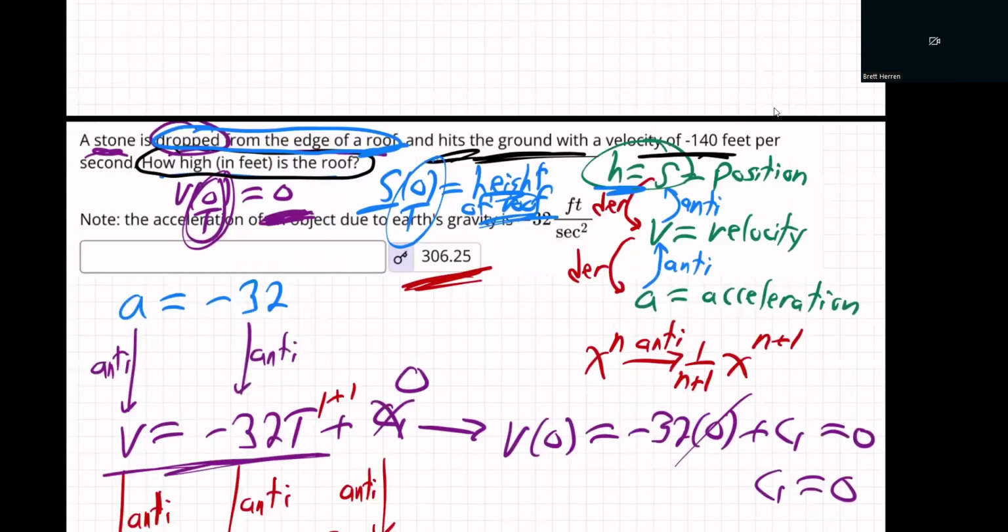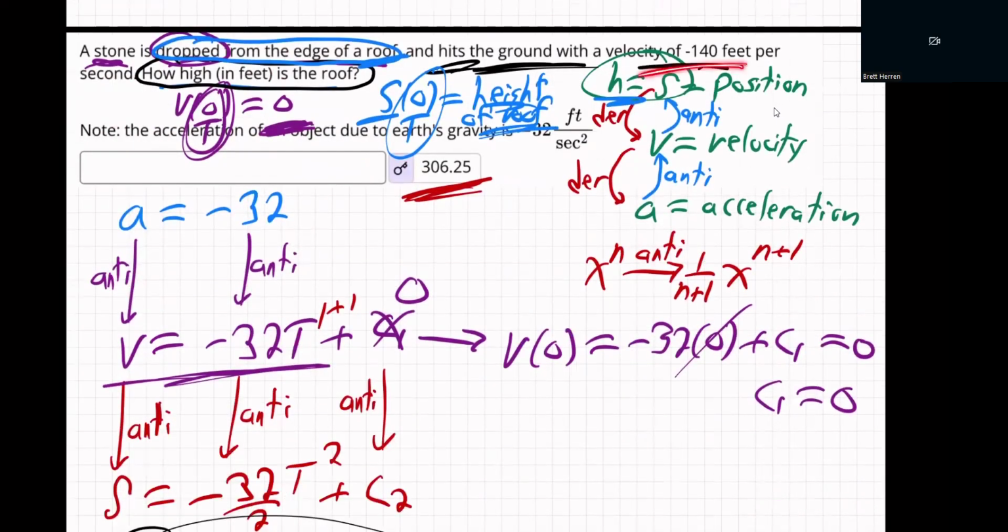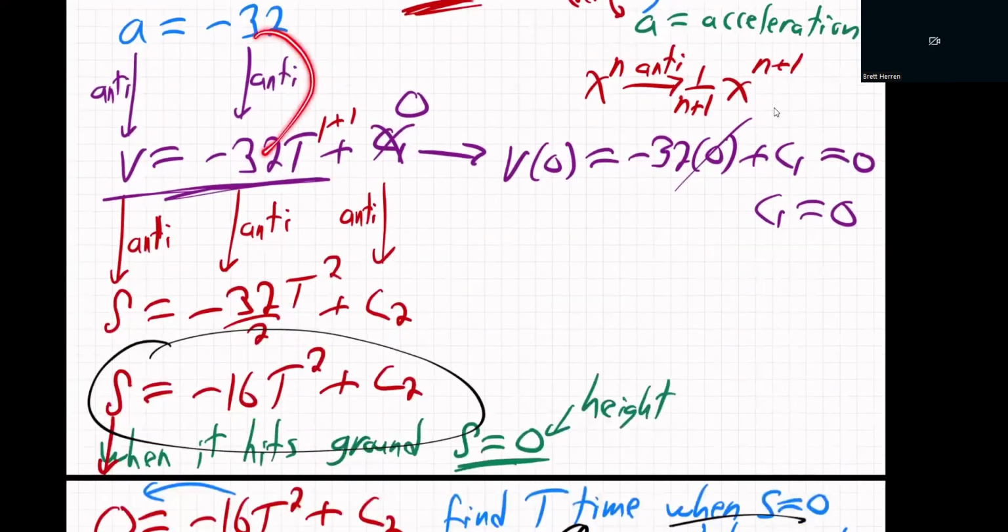Interesting, huh? This is a tricky problem. From just knowing the velocity when it hits the ground and knowing that it was dropped from the edge of a roof, we can figure out how tall the roof is based on how fast it hit the ground. So what did we do? We took the acceleration equation, did the antiderivative, got the velocity equation with C1, and then realized the velocity at time 0 was 0 because they just dropped it. They didn't throw it down. So C1 is 0 and dropped out. Then I did an antiderivative again and went to the position equation, which is minus 16t squared plus C2.